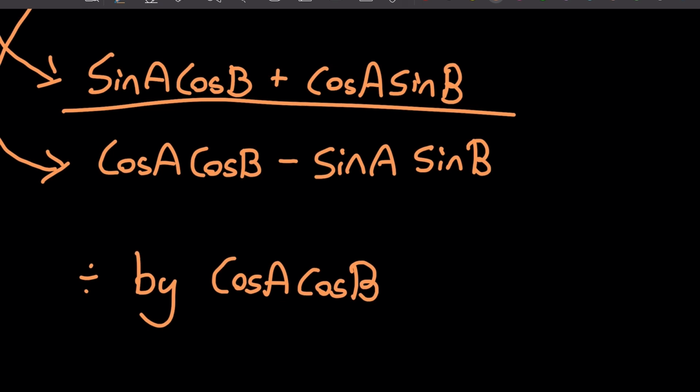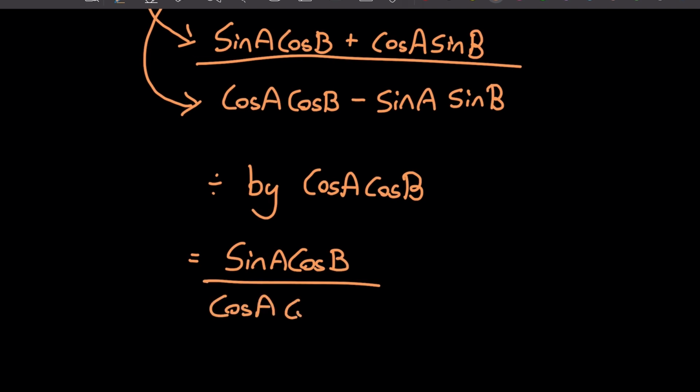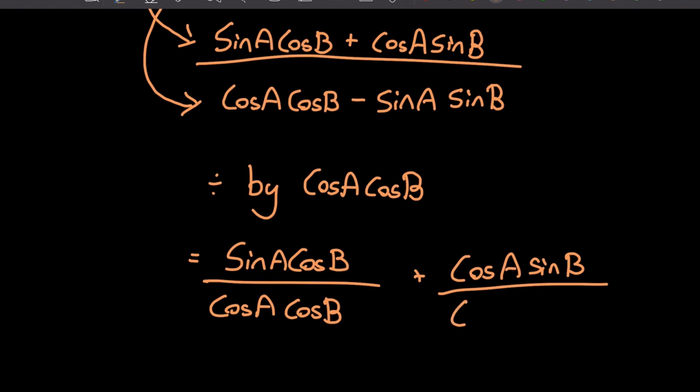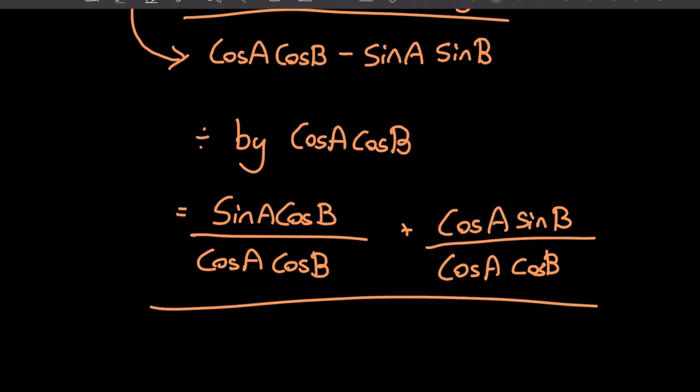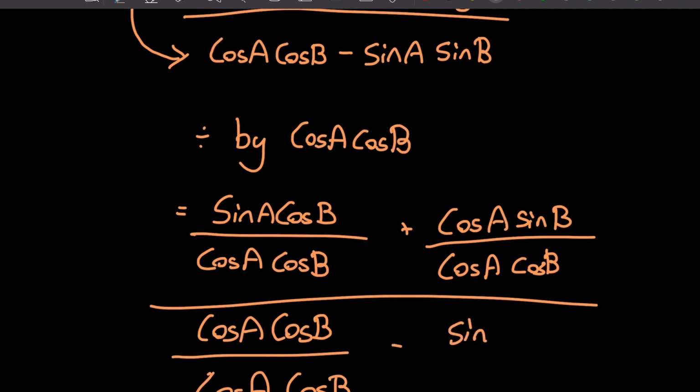So this is going to be equal to sine A cos B over cos A cos B plus cos A sine B over cos A cos B, and this will still be divided by cos A cos B over cos A cos B minus sine A sine B over cos A cos B.